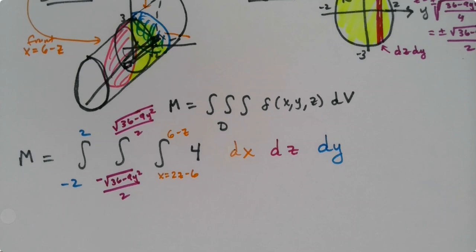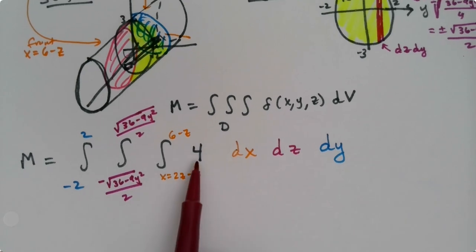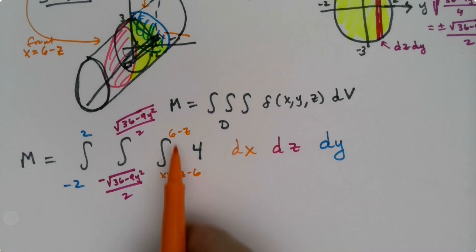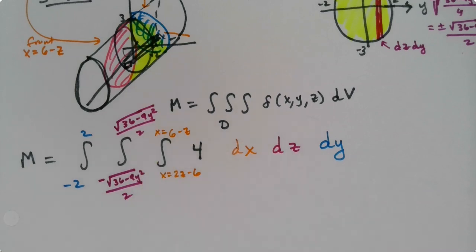Good times. Okay, so we're going to start with integrating this with respect to x. So that'll be 4x, and x is going to go from this value to this value, right? So that's actually relatively easy. So we're going to have the integral from -2 to 2.